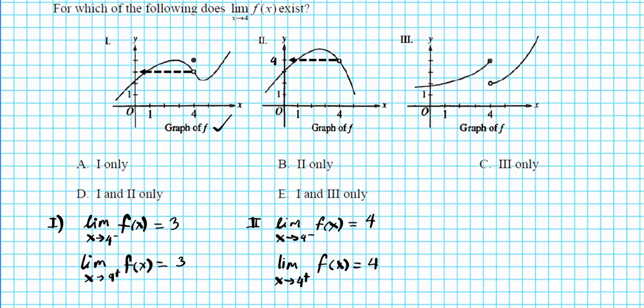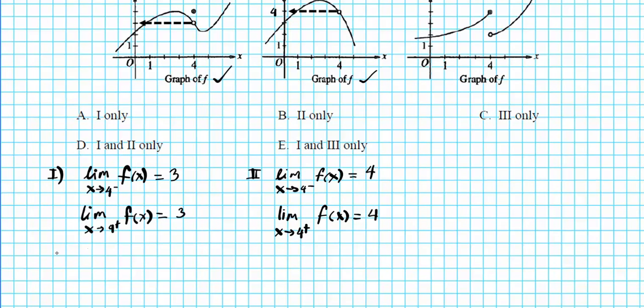The limit exists here. The double-sided limit is equal to these two. So let me just write down one notation for option 1 that implies that the double-sided limit is equal to 3. And then for option 2, this implies that the double-sided limit is equal to 4.